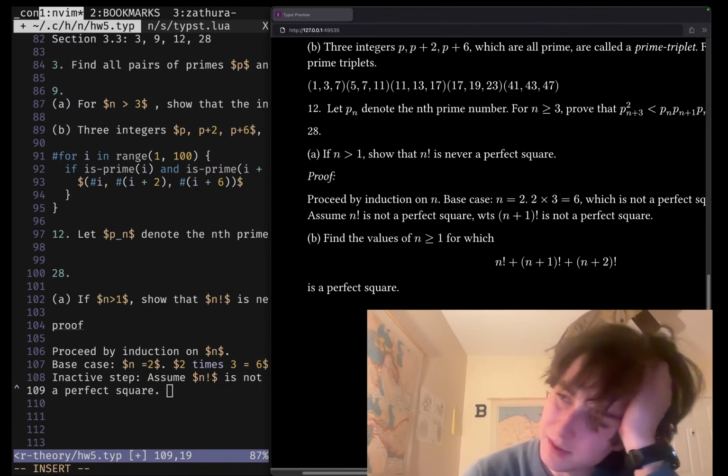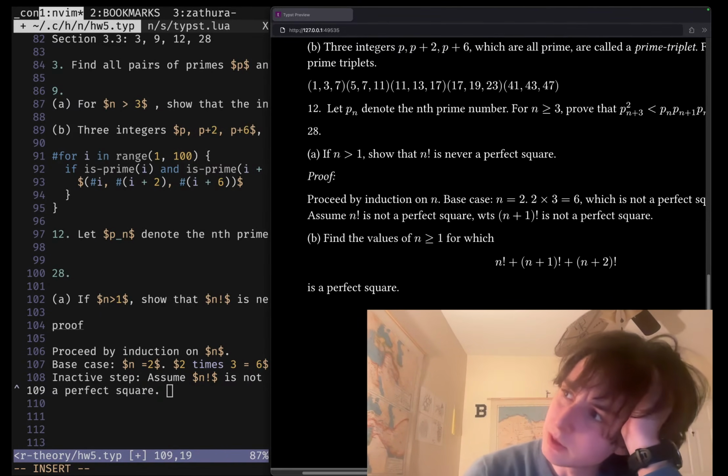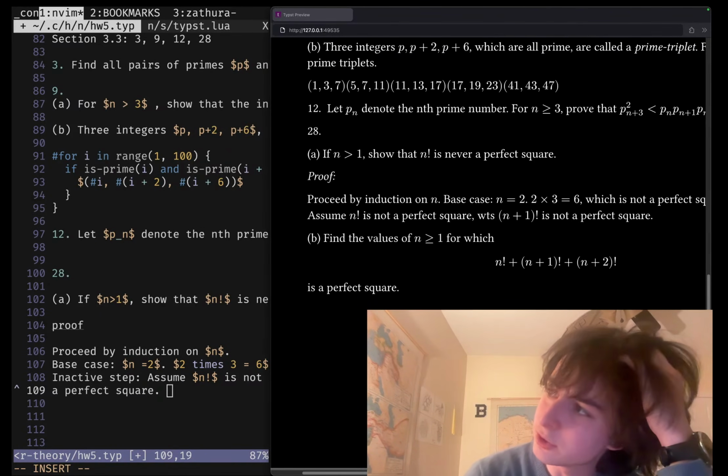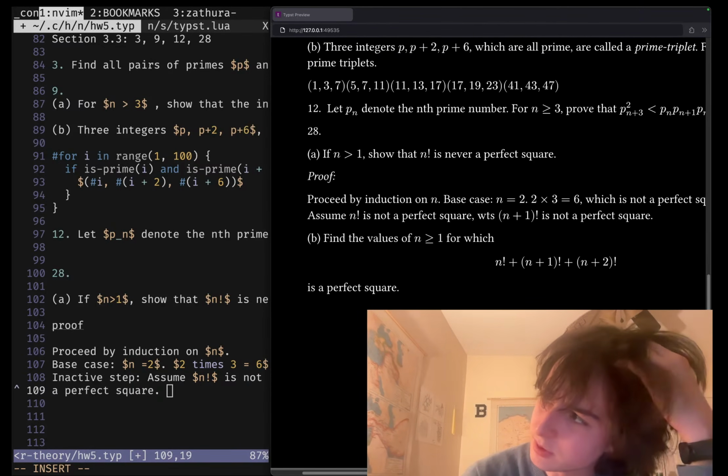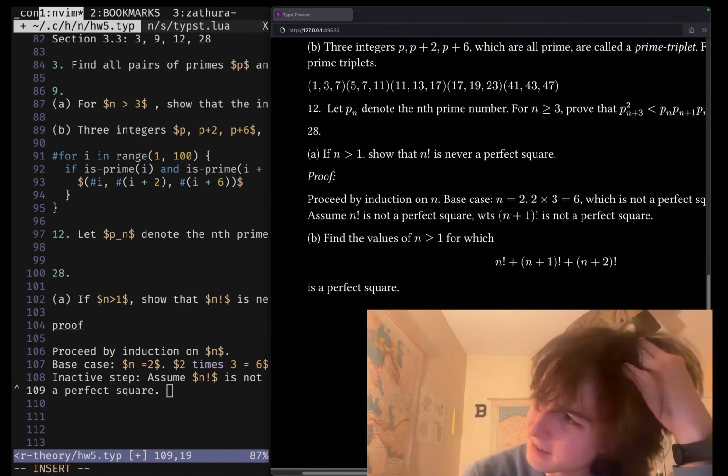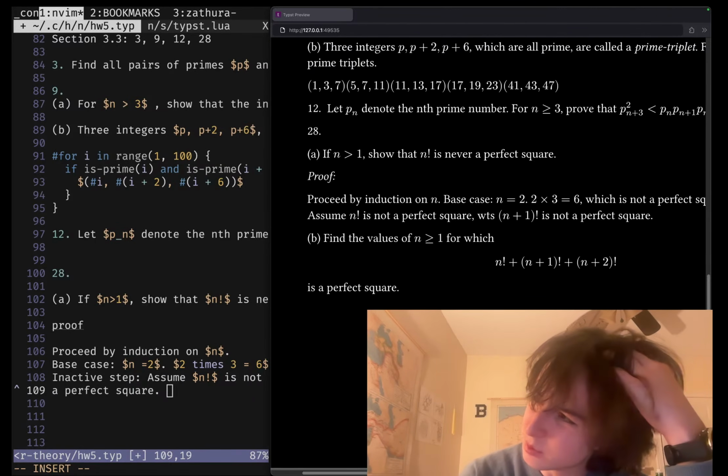Yeah, that's what I thought initially too, but okay. So what about assuming towards a contradiction that n plus 1 factorial is a perfect square? Then there's some a squared that equals n plus 1 times n factorial.